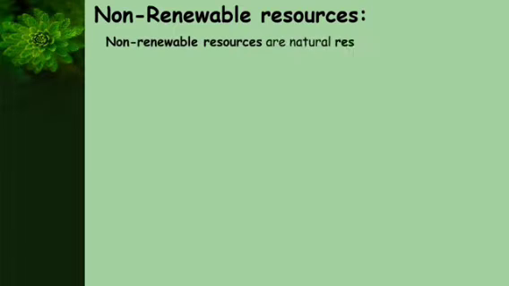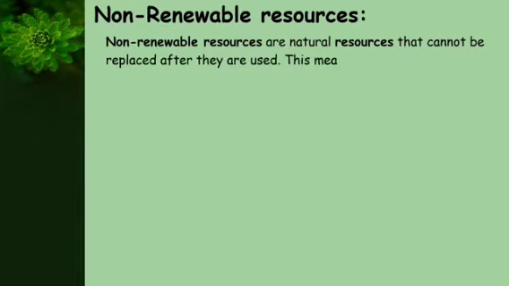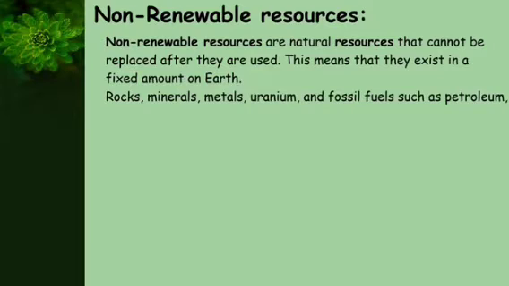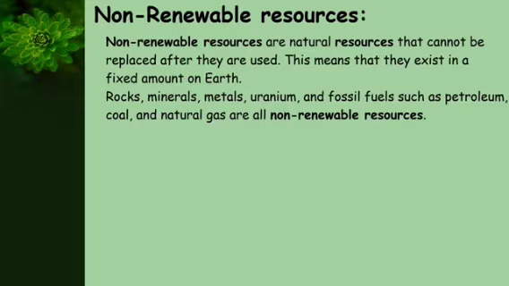Non-renewable resources. Non-renewable resources are natural resources that cannot be replaced after they are used. This means that they exist in a fixed amount on Earth. Rocks, minerals, metals, uranium, and fossil fuels such as petroleum, coal, and natural gas are all non-renewable resources.